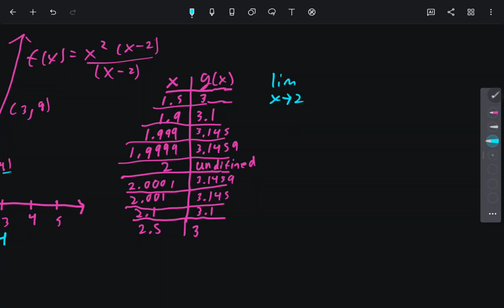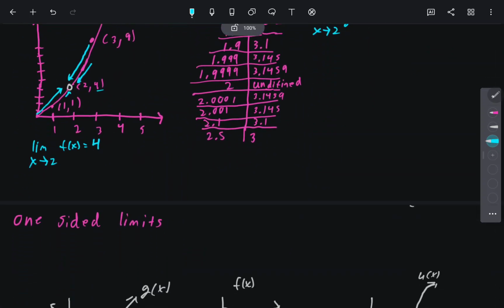Well, we see that as it gets closer, at 1.5 it's 3, at 1.9 it's 3.1, at 1.999 it's 3.145, and then at 1.9999 it's 3.1459. Well, that looks like it's approaching pi. And let's look at it from the other direction. Well, at 2.5 it's 3, then 3.1, 3.1459, and then we have 3.1459. This limit, as x approaches 2, of g of x is equal to pi.